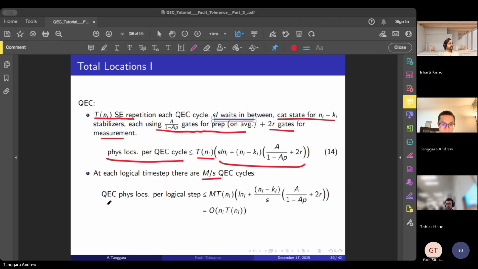So the number of locations that I use is that, I just multiply M over S to the right-hand side of equation 14. It turns out to be, using big O notation, that if t is polynomial, then this is just O of some polynomial.